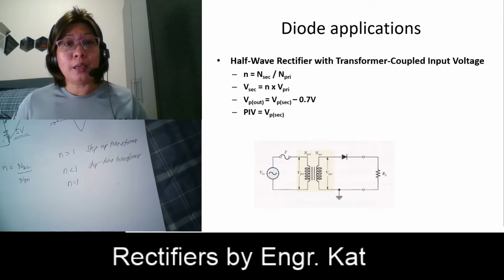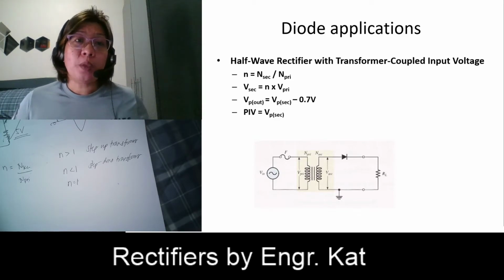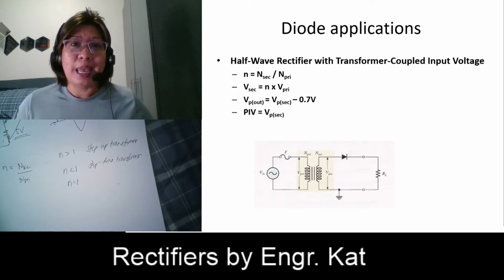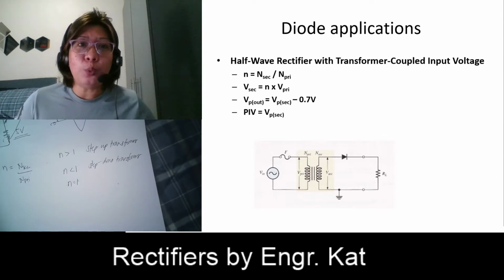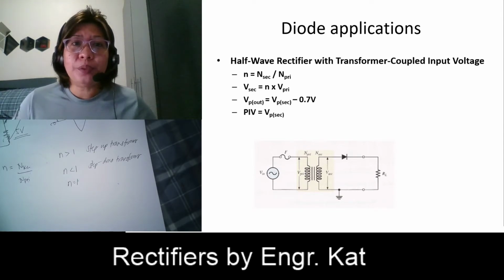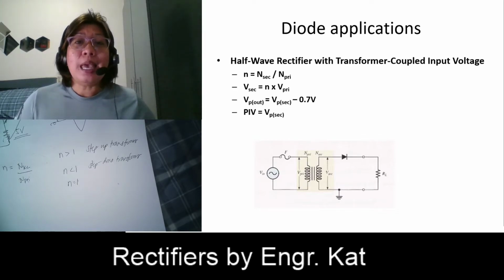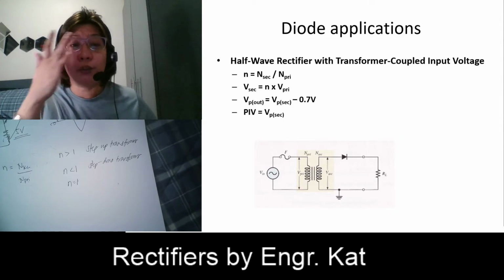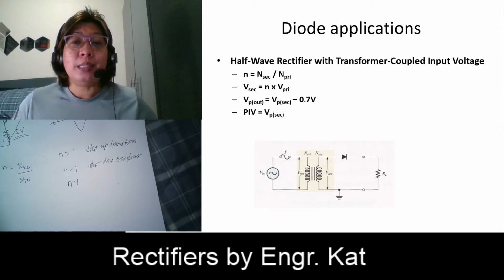So V secondary is your input, it will serve as your V input, while your V output is the output of your half-wave rectifier circuit. And that is equivalent to the secondary voltage minus 0.7, considering that we have a silicon diode here. And then your PIV is just equivalent to the secondary voltage, or your V secondary peak.